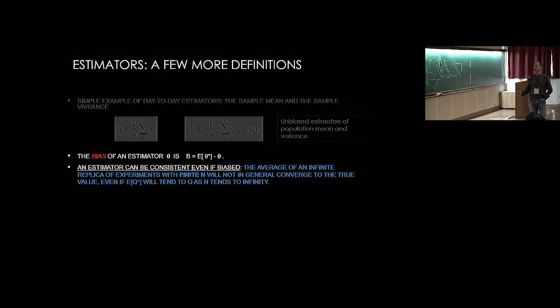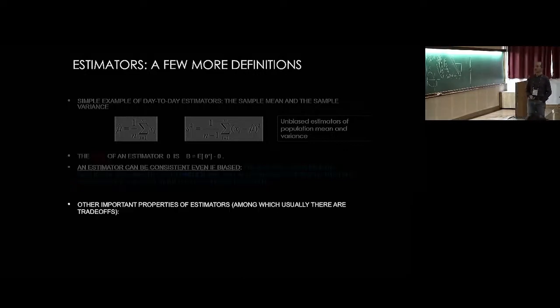So you can have a bias when n is finite, and the bias can go to 0 when n goes to infinity. So the estimator is consistent because in the asymptotic limit it converges to the true value, but in all practical instances, you will have a bias from it.